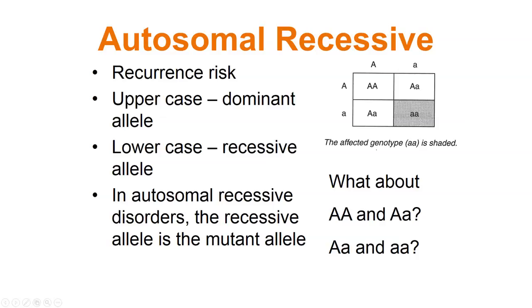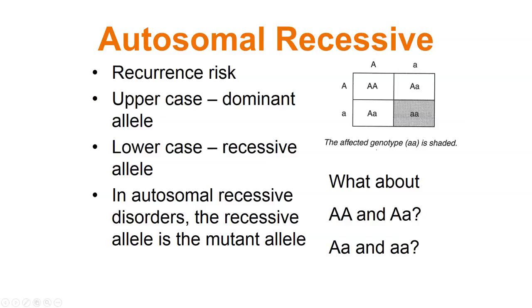And remember, when we were talking about the autosomal dominant diseases, the disease gene was the dominant gene, the big A. But in this case, the dominant gene's always the big A and the recessive gene's always the little a. In this case, the recessive allele is the mutant allele. So what we're looking for is somebody with two mutant alleles, little a, to be affected.